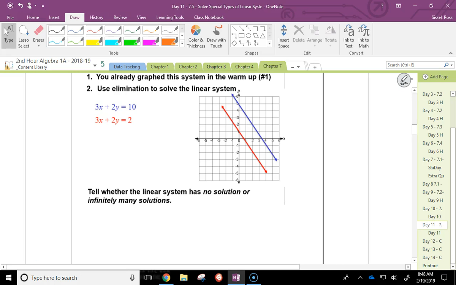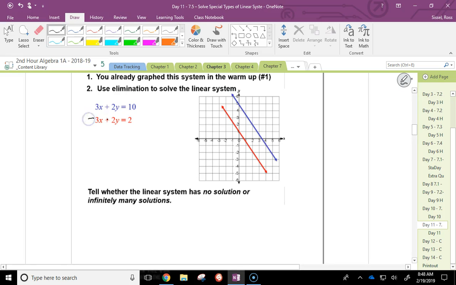Well, when I look at this, I see 3x, 3x. I have the same coefficient. They're in the same order. X, y equals constants. So, me personally, I would times the 1 by -1, so I can just add them. So I'm going to do -3.